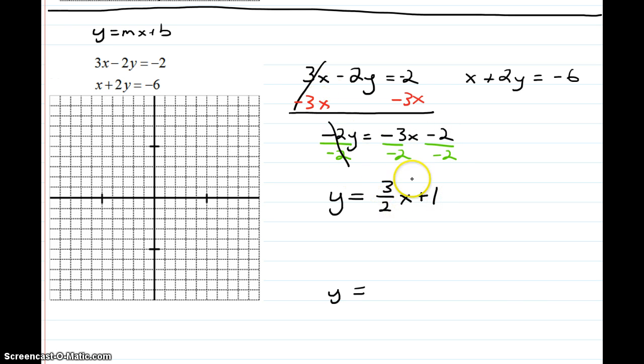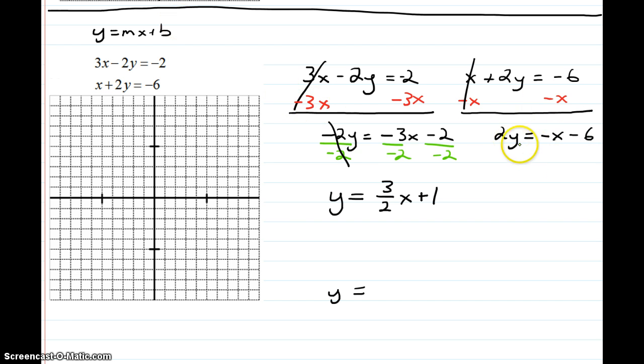So hopefully you paused the video, you came back, and you have the same answer. So now let's check the other one. We need to move that x over, so we're going to minus x from both sides. So these cancel out, and I get 2y equals, again, we're not going to combine those because they're not like terms, -x minus 6. Now we need to get rid of that 2 in front.